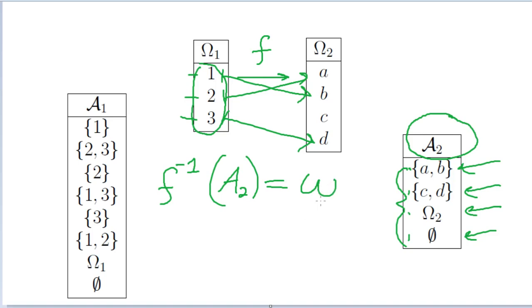Now the question is, is this small omega in A1 or not? Well, it turns out A1 is just the power set of omega 1. Right? These are all the possible combinations of subsets of this here.